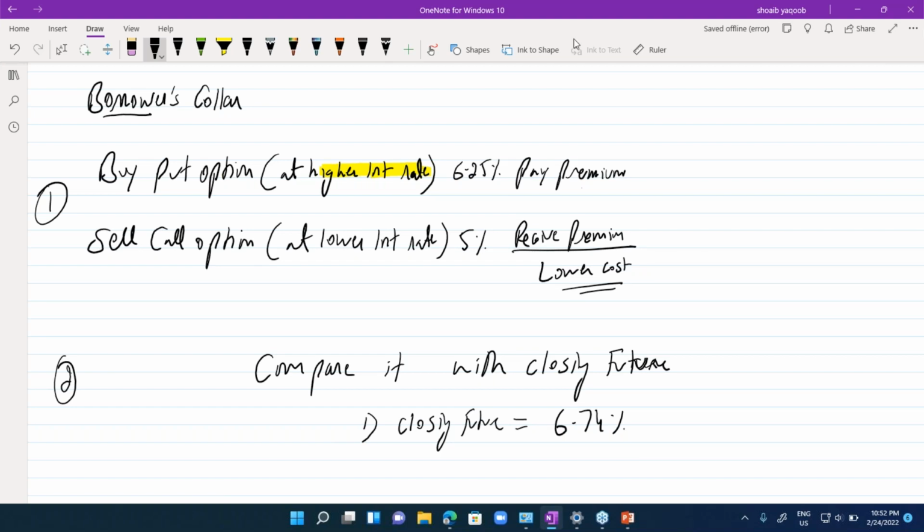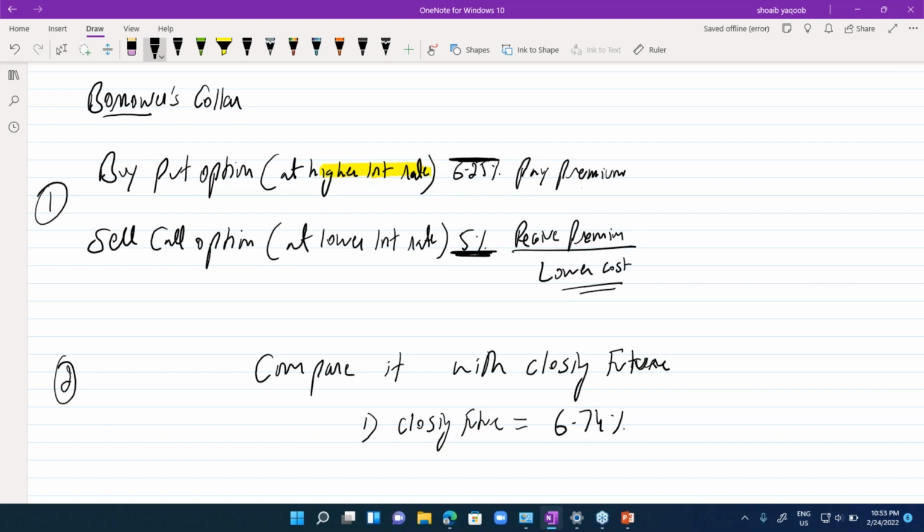6.74%. Guys, remember, if you set the collar, the interest rate can never move above 6.25. Interest rate will not move above the 6.25, and by the way, it will also not move below the 5%.